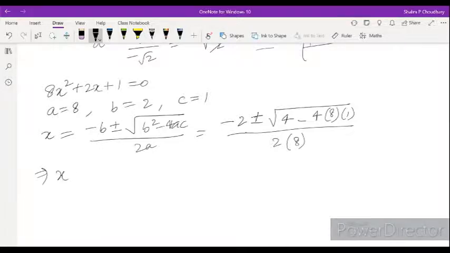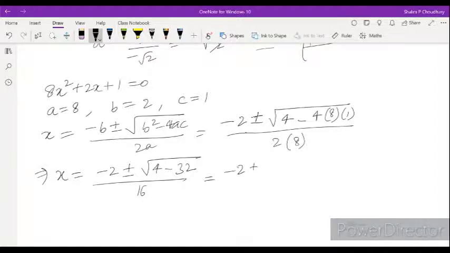It means the value of x will be minus 2 plus minus square root of 4 minus 4 into 8 into 1, 32, divided by 16.